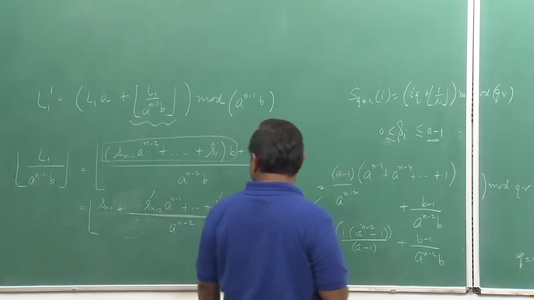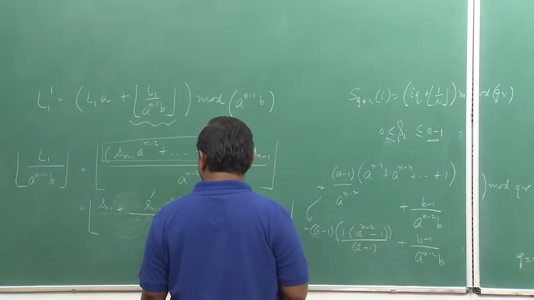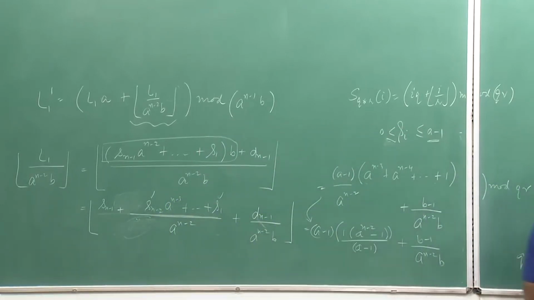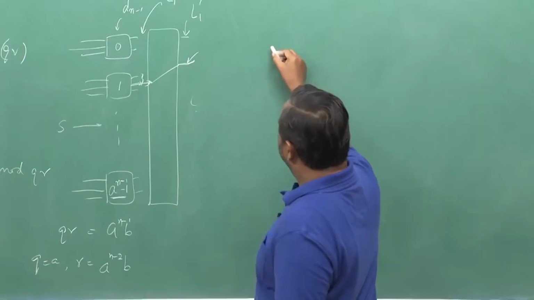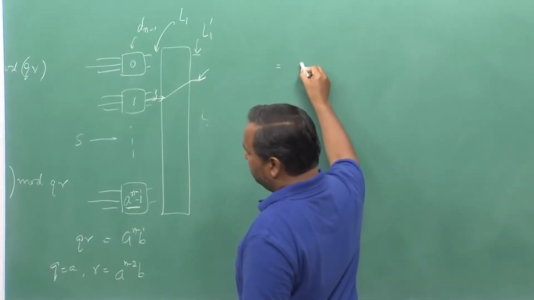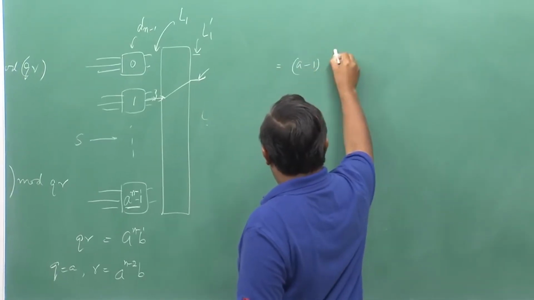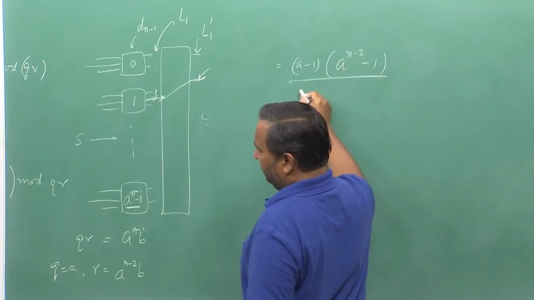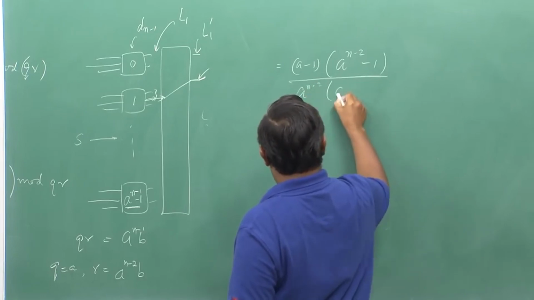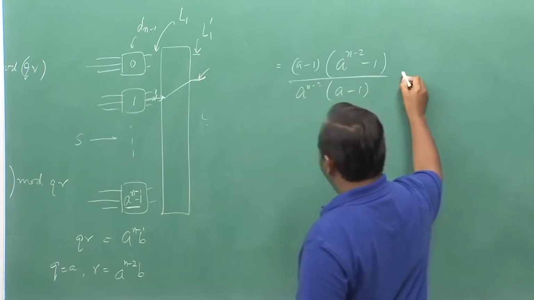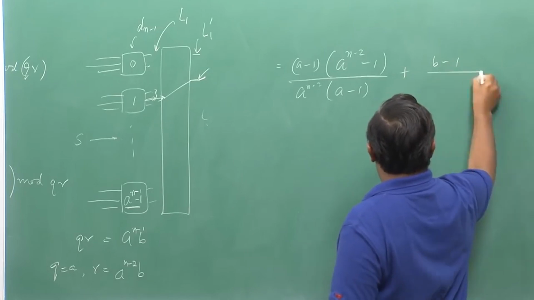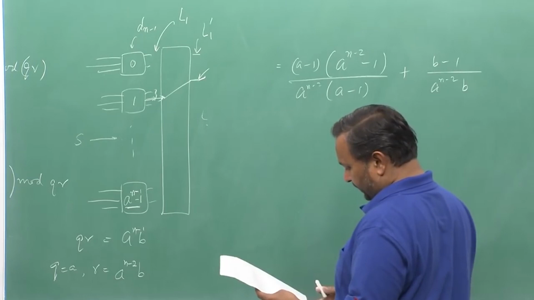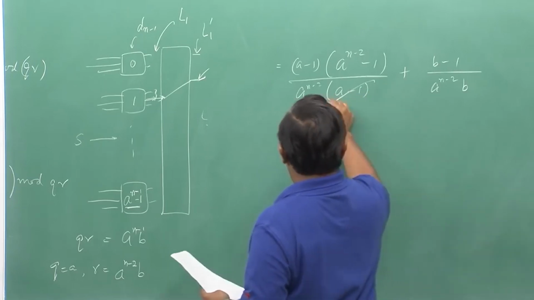So, I can now take this, and write it on the top maybe here. So, this value will turn out to be, so this cancels with this one.